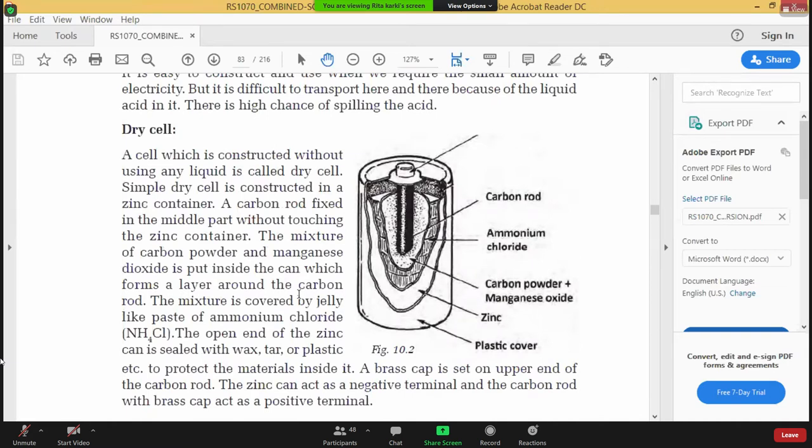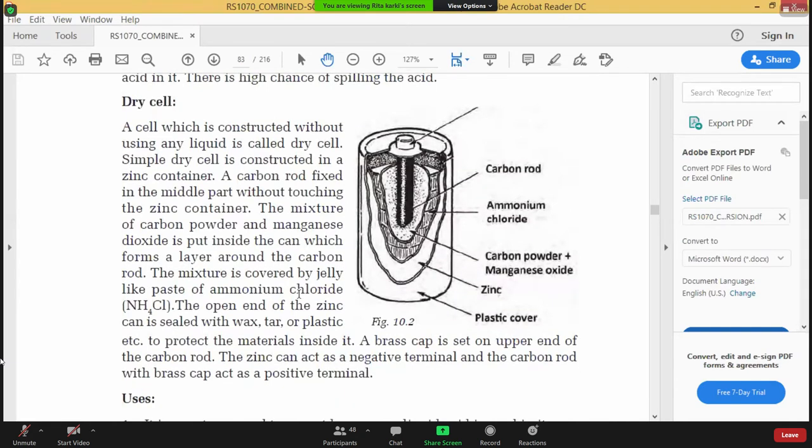So first of all, can you tell me why a dry cell is called a dry cell? Ma'am, because it does not contain any liquid substances.